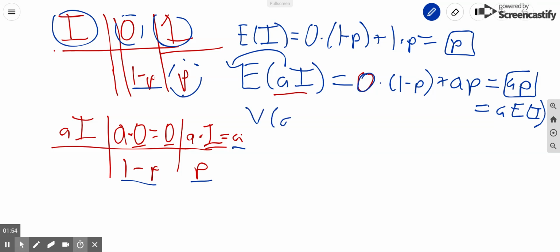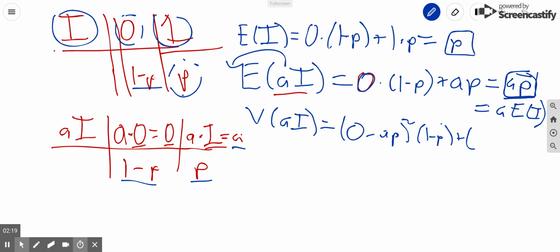So let's look at the variance of aI. Now that we know the expected value is ap, we can do this. We take the two different values, so it could be 0, and I subtract off the expected value, which is ap, and then I square it, and I multiply it by its probability, 1 minus p. Plus, the other value is a, and I subtract off ap, and I square it, and I multiply it by its probability, which is p.